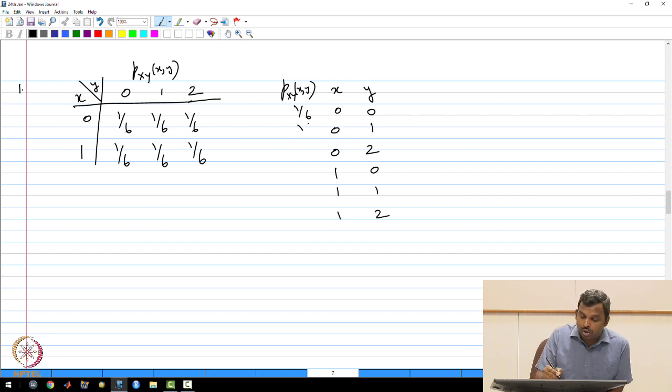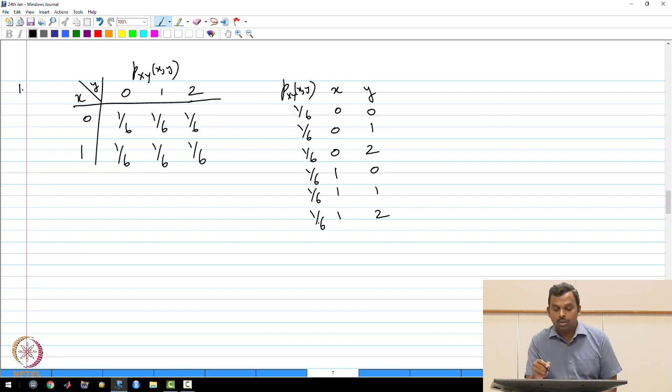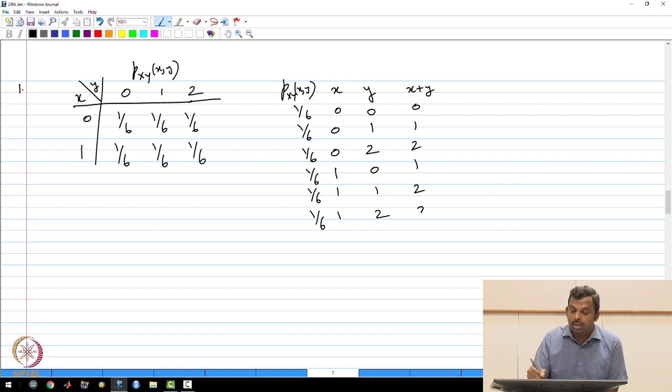So the joint PMF is just 1 by 6 for all these possibilities. Okay. So now if I want to find a function, let's say I'm interested in the function x plus y. So you write it like this, and then you write down what x plus y is: 0, 1, 2, 1, 2, 3.